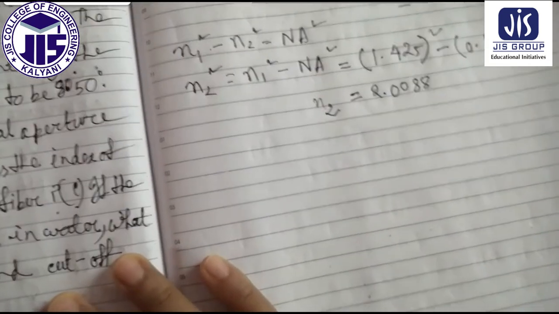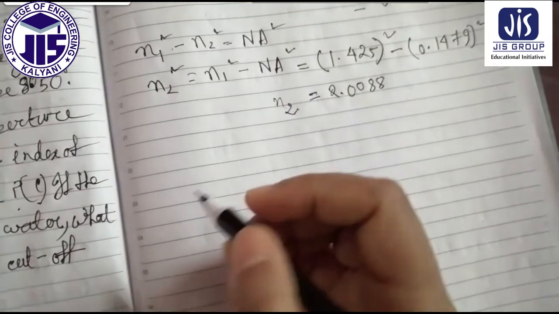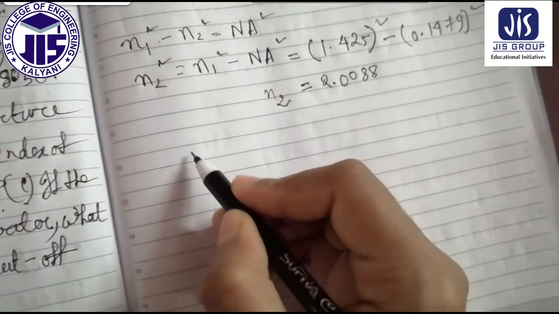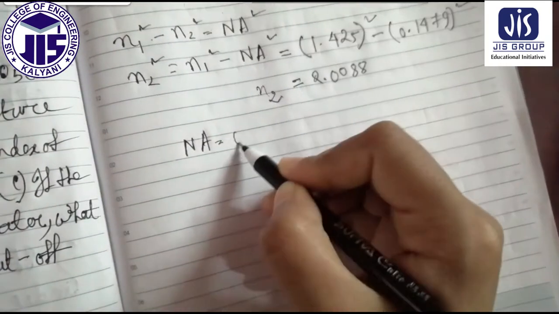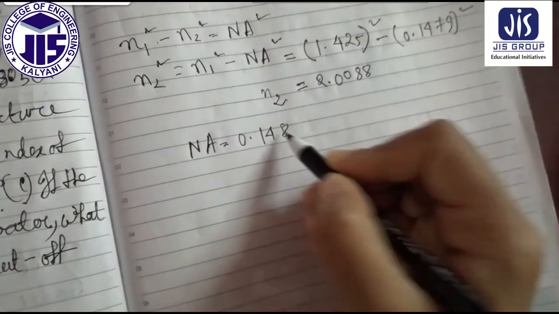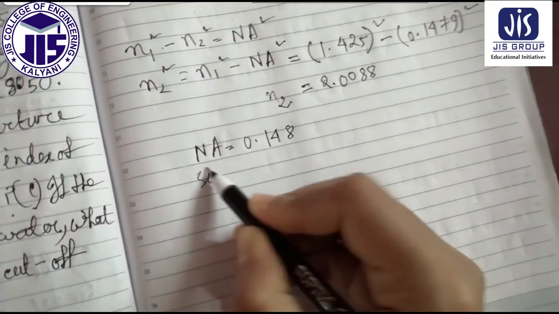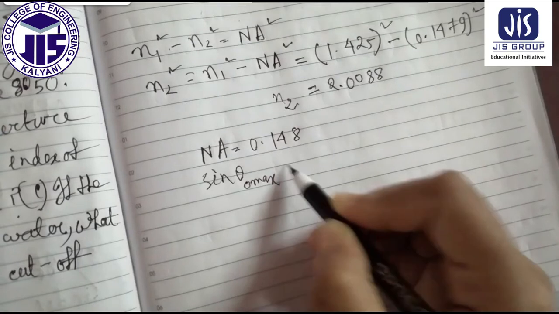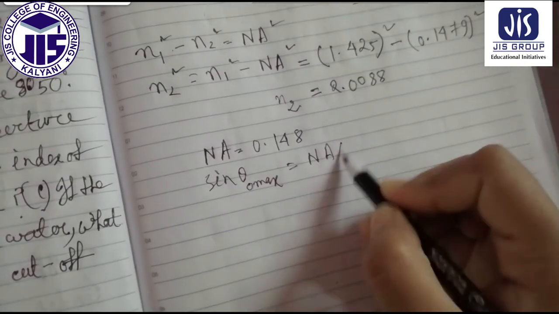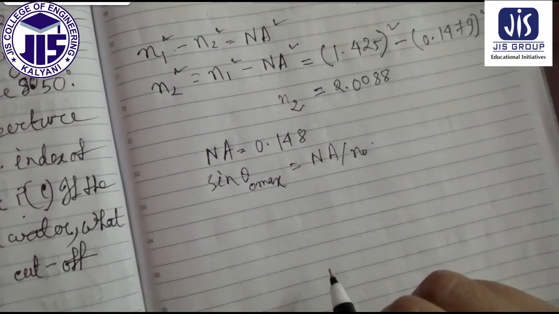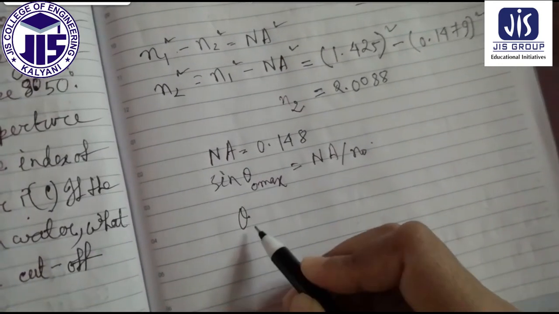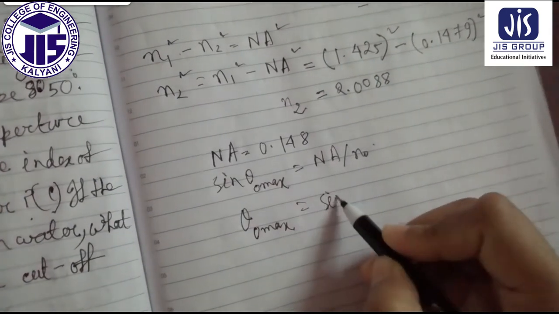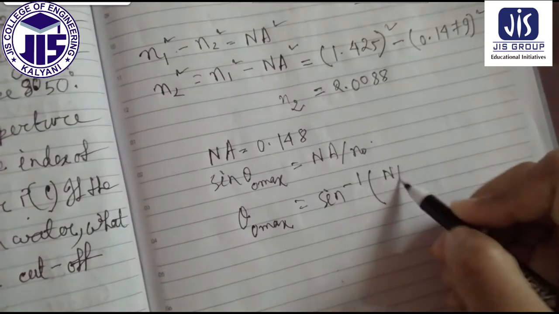Now the next one is the numerical aperture. We already have calculated that NA equal to 0.148. Now sin theta 0 max is equal to NA by n0. So therefore theta 0 max is equal to sin inverse of NA by n0.